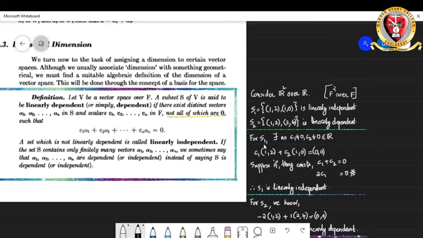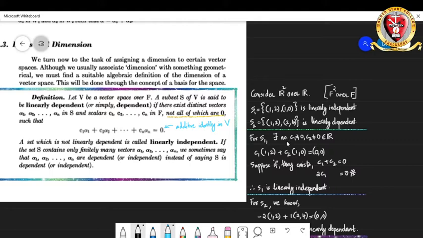For S1, we are saying that there exist no C1 and C2 in the field R, both not zero, such that C1 times (1,2) plus C2 times the ordered pair (1,0) is equal to 0. So this 0 is nothing but the additive identity in V, which here will be (0,0).